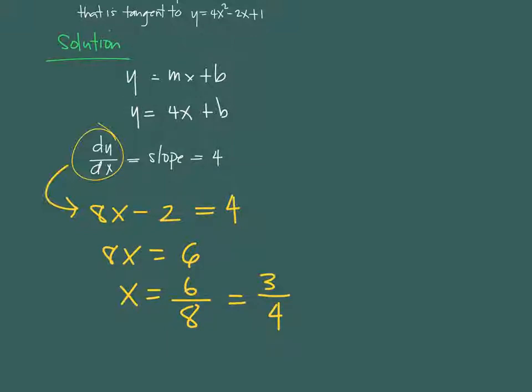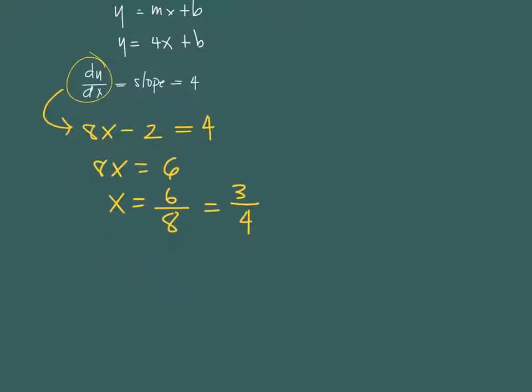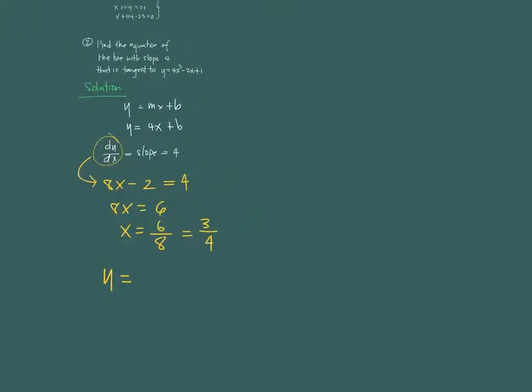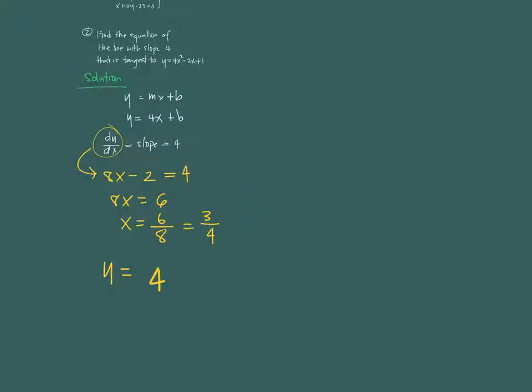That's the x. So how do you find its corresponding y? Substitute. So we have 4x squared, so that's 4 times (3/4) squared, minus 2 times 3 over 4, plus 1. You substitute it to the given curve.